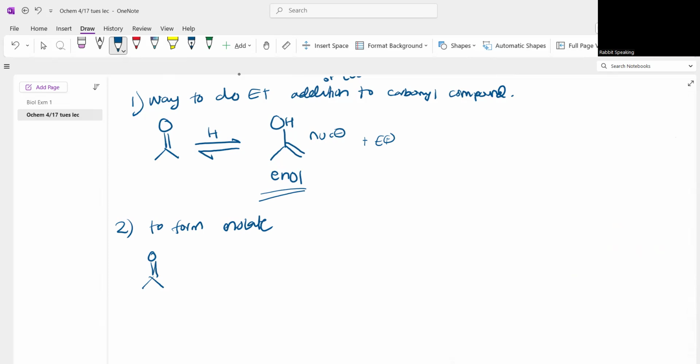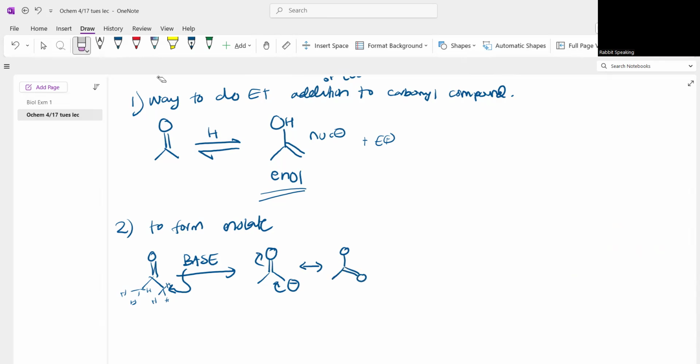In one case, we'll start with a ketone and then we'll introduce a base. And what this base will do is come and abstract a hydrogen. Draw the hydrogens out. After abstracting a hydrogen, we will get a negative charge on the carbon, which will resonate to here.